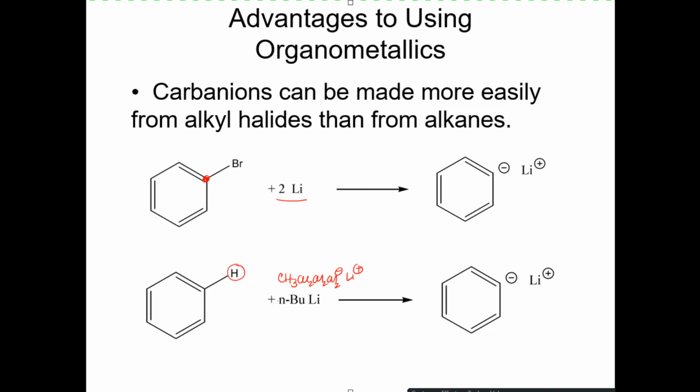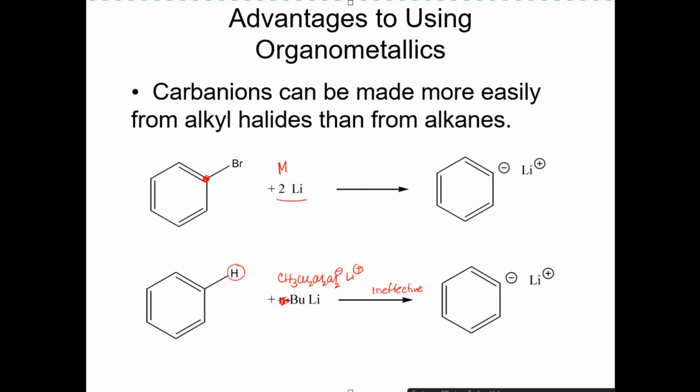And this N is currently not in vogue with the naming people, so it's very difficult. This is sort of an ineffective way of making this C minus, whereas we can react any alkyl halide with lithium metal and make that organolithium reagent.